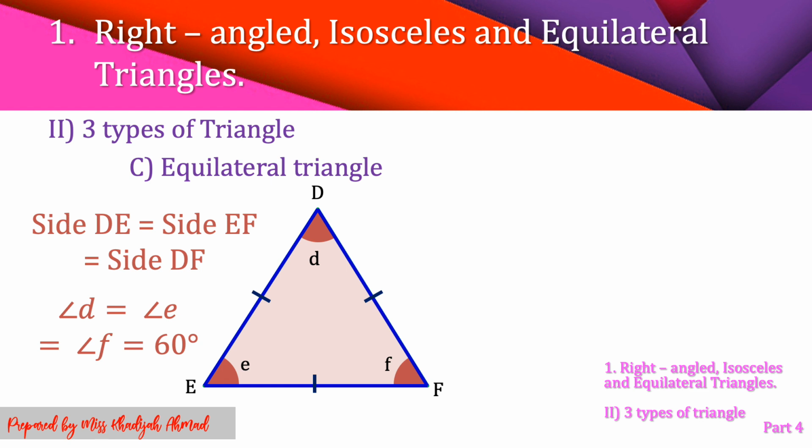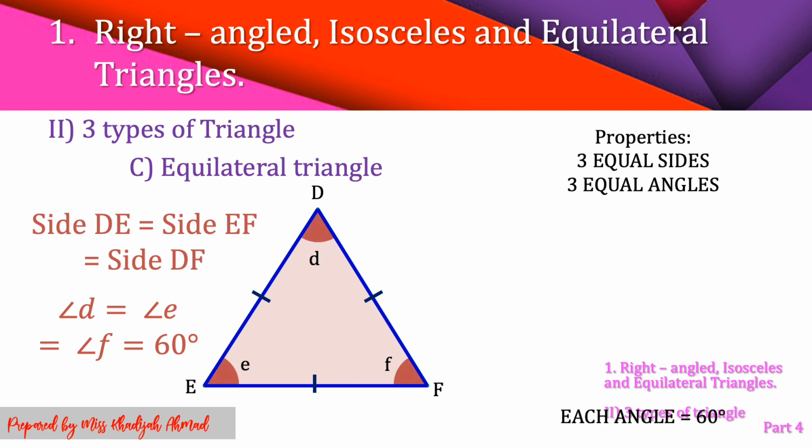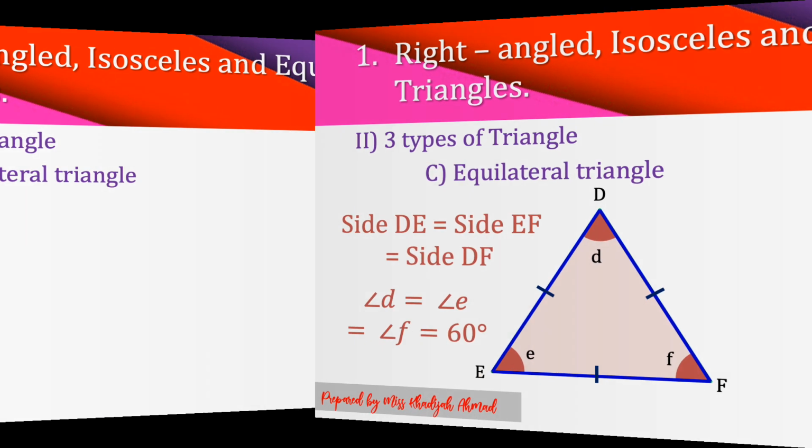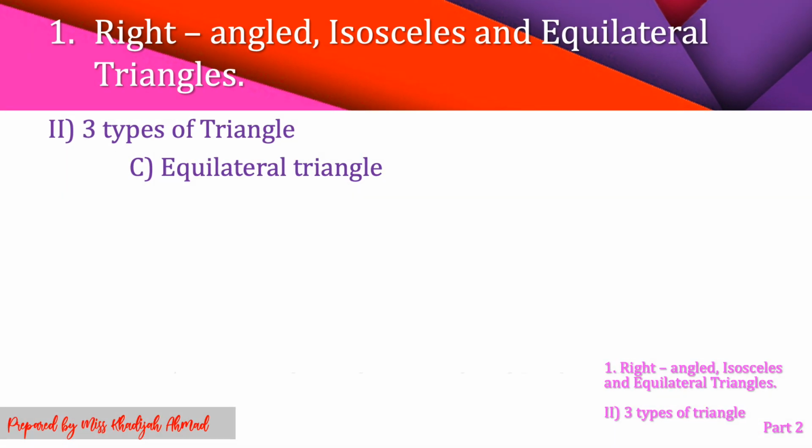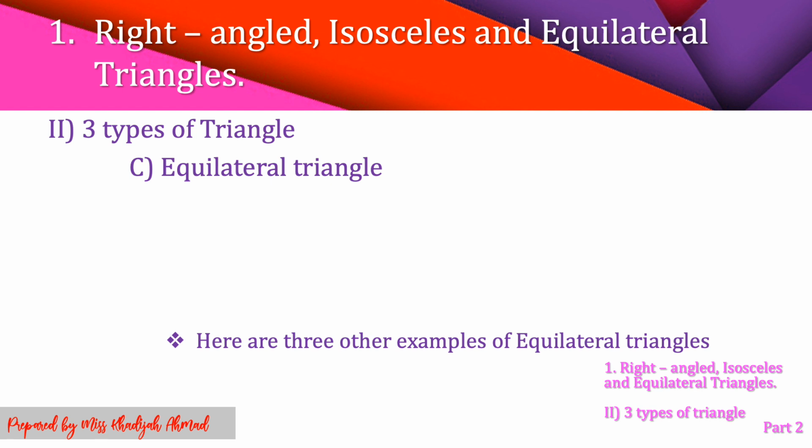We concluded that the properties of equilateral triangle are 3 equal sides, 3 equal angles, which equal to 60 degrees. Here are other 3 examples.